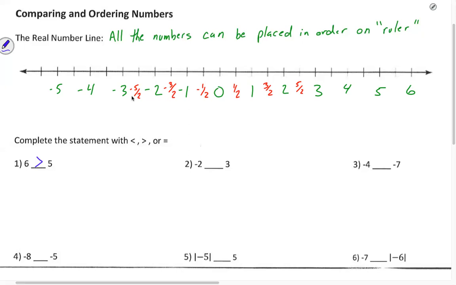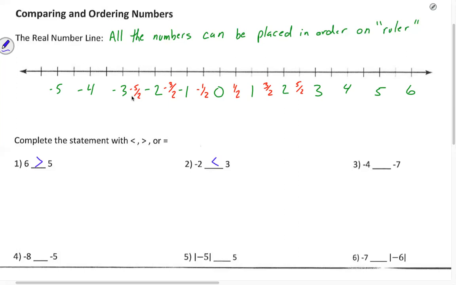Here, Ava, which one's bigger, -2 or 3? If you're unsure about which one's bigger, let's think about it in terms of money. Would you rather owe $2 or would you rather have $3? So Ava, 3. Very good. So we're going to have the mouth open towards the 3.